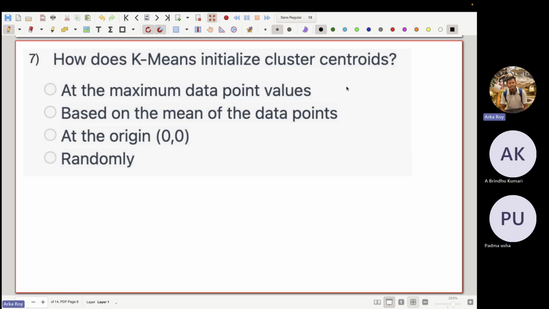Yeah. So see, all of these problems are basically meant to be solved using computer algorithms, starting from the SVM algorithm, random forest algorithm. Take this particular question: how does k-means initialize cluster centroids?